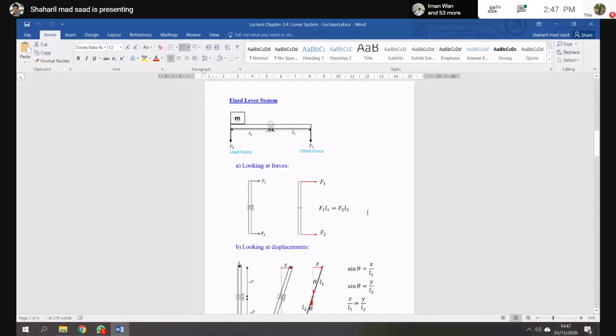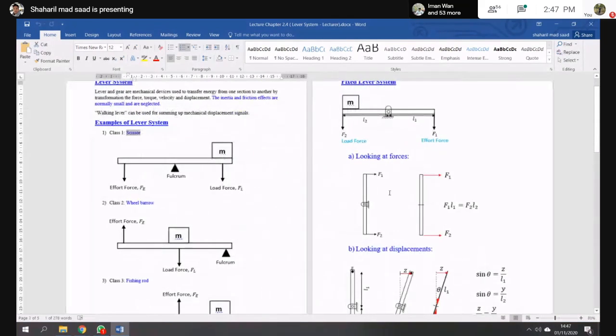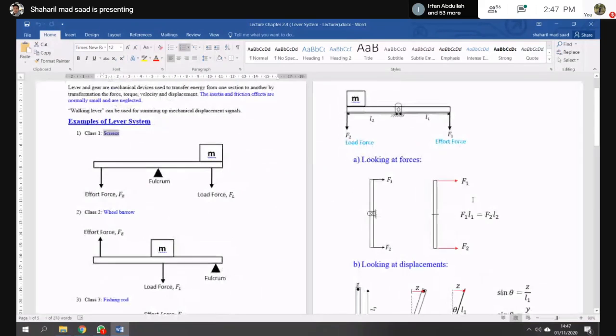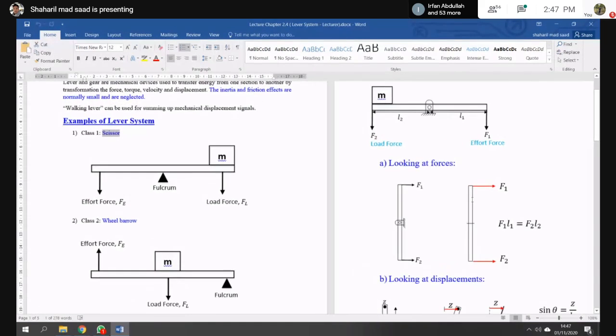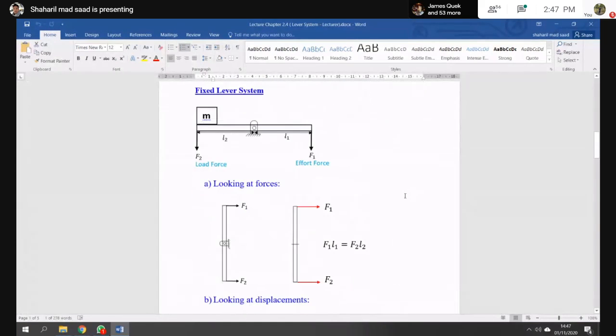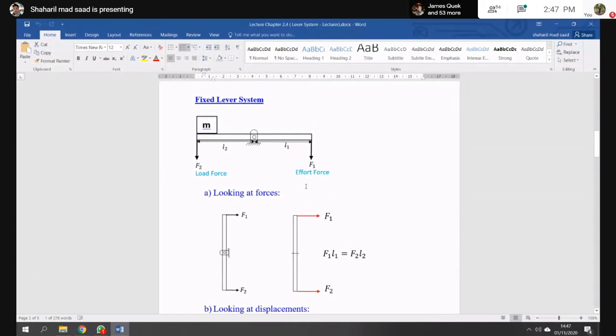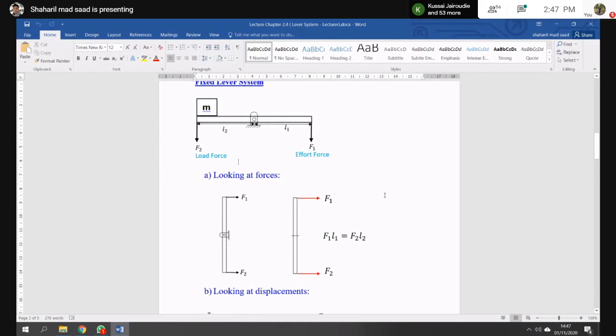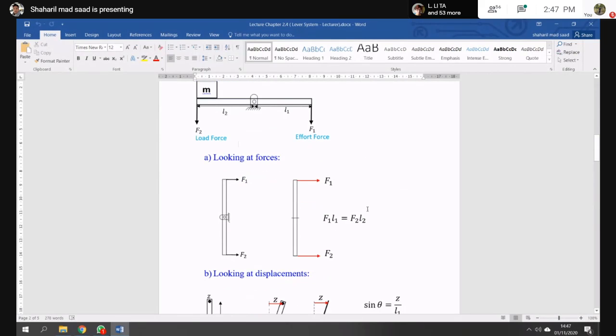For the fixed lever system, there are certain parameters that you need to look at. For example, you have the mass here, and the mass will produce the force F2, the load force. Then you need some effort to pull the mass up.